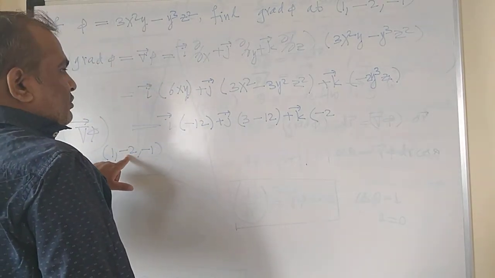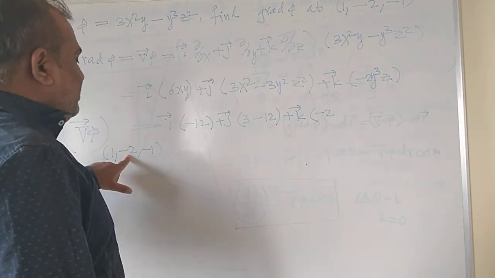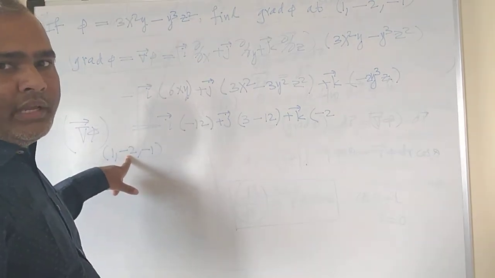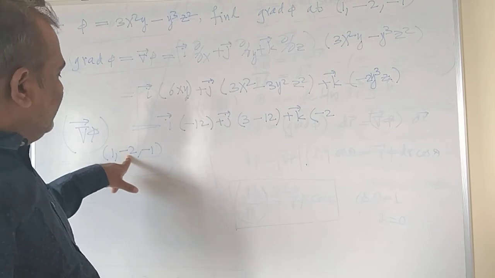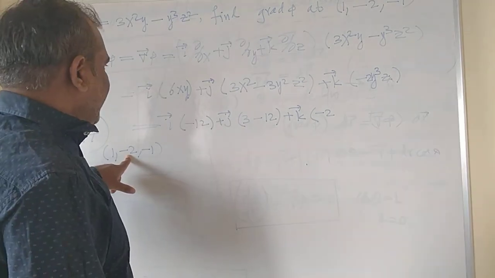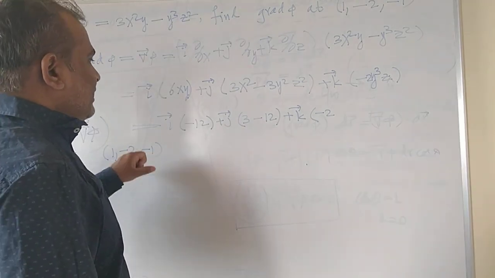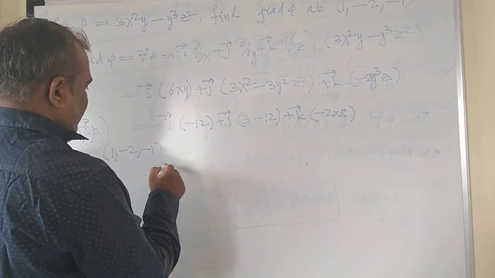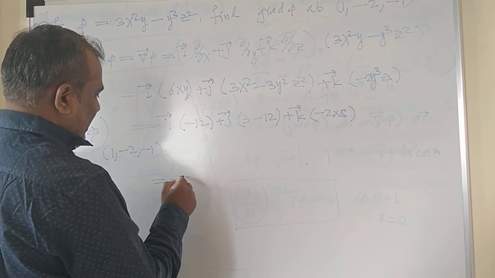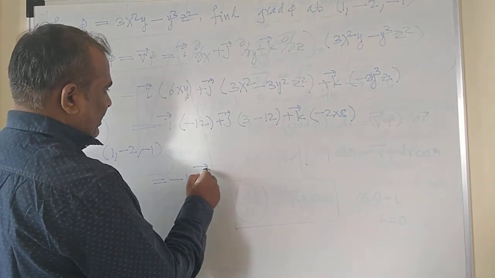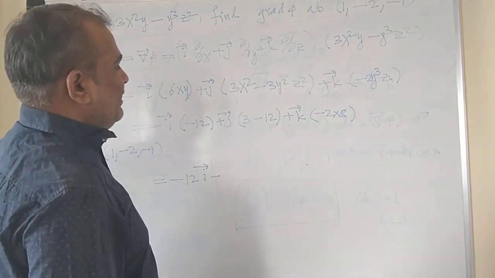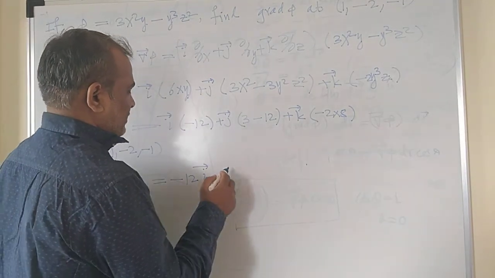Y is minus 2 and minus 2 cube will be minus 8. 2 into 2 into 2 is 8 and its cube is negative. So minus 8 into minus 1, that means plus 8. So I can just write 8. And so you will get minus 12 i bar. This you will get also negative. 3 minus 12 will be minus 9, right?